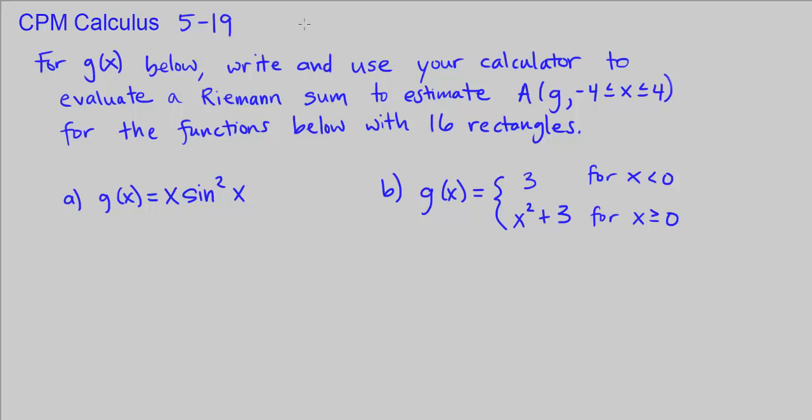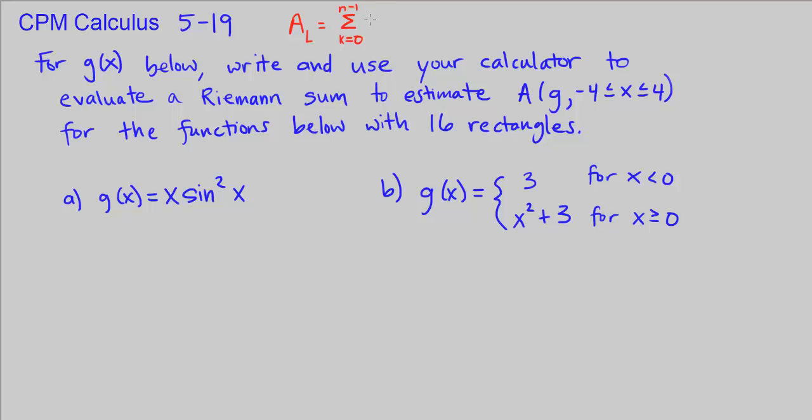So a quick reminder is that we can find the area using Riemann sums using left, right, or midpoint rectangles. Just a quick review, using left endpoint rectangles, we take sigma, we start at k equals 0. We go to n minus 1, where n is the number of rectangles.